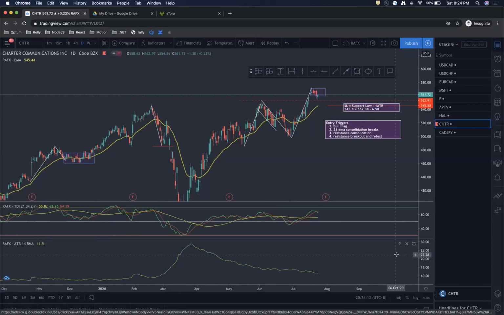Okay, some traders they use 2 or 3 ATR, depende doon sa kanila. For this discussion we will use 1 ATR. So the support low minus the 1 ATR, that will be your stop loss.